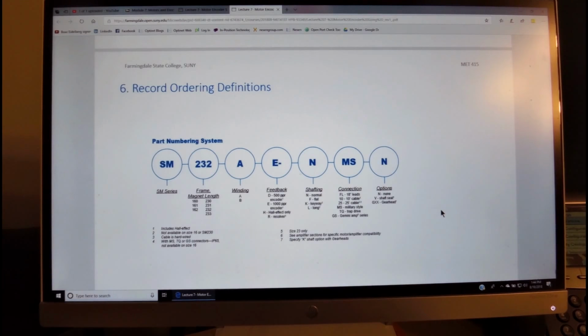This concludes our presentation of motor and encoder sizing, and we'll do more of it in upcoming exercises and lab experiments. Thank you.